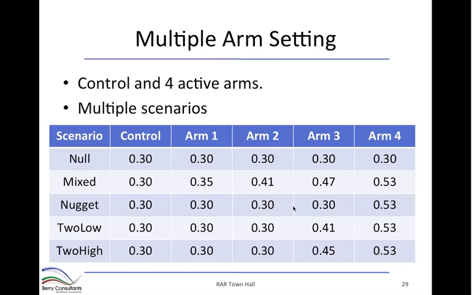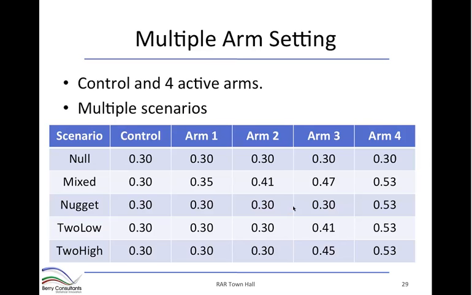I'm going to evaluate this in a multiple arm setting. I've got a control and 4 active arms. I'm doing essentially the example that I described earlier. Allocation, blocks of size 6, maintaining control, and so on. I'm going to evaluate this. I've got, assuming a control arm that has a 30% success rate.